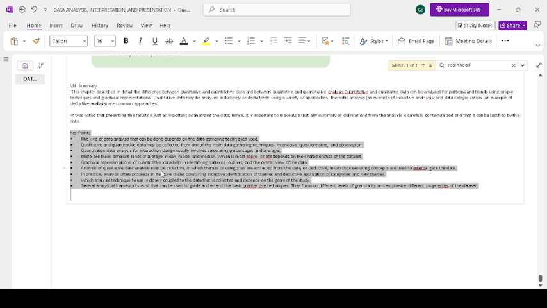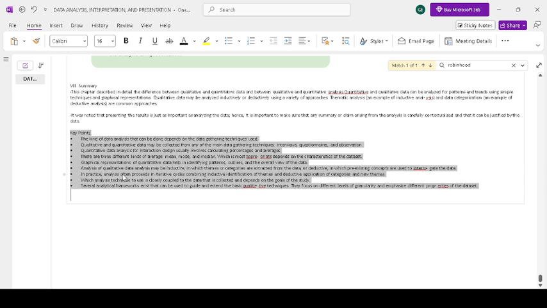Analysis of qualitative data may be inductive, in which themes or categories are extracted from the data, or deductive, in which pre-existing concepts are used to interrogate the data. So qualitative data can be categorized or it can be thematized.